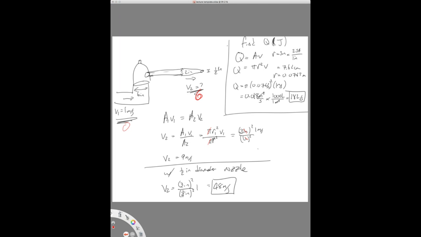So good, everybody is unanimously wrong, because this is the high pressure and this is the low pressure. But that's okay, you're in good company. Virtually everybody always thinks of this in the wrong way.